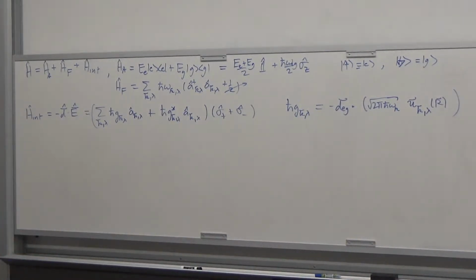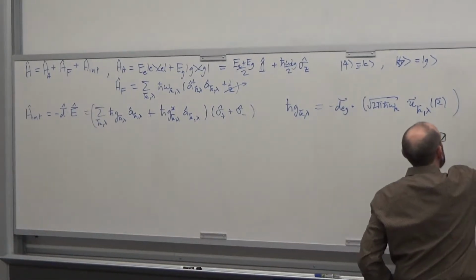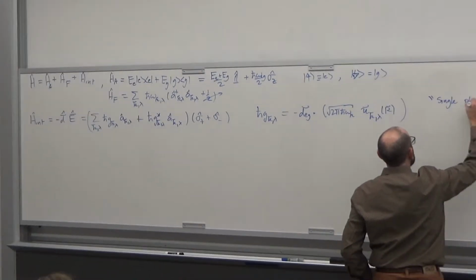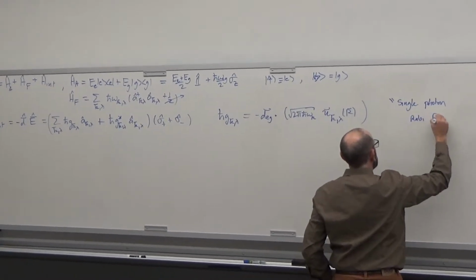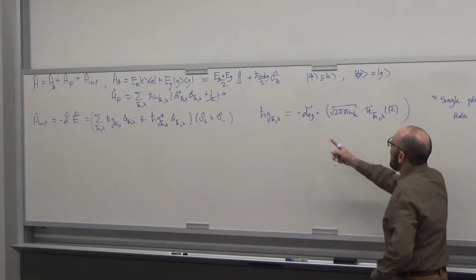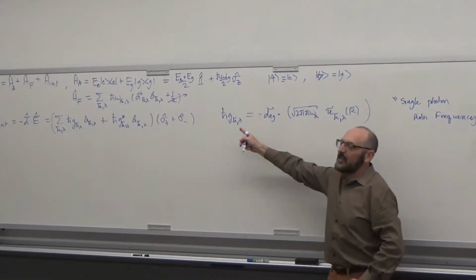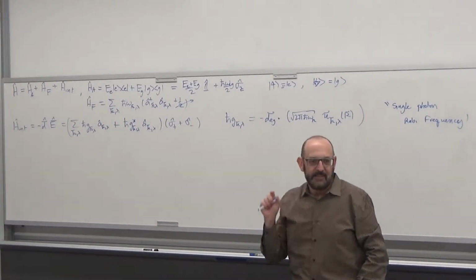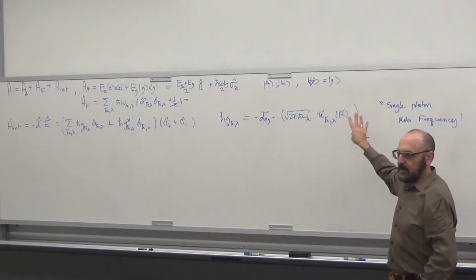okay. So what is this? Well, this is like the single photon Rabi frequency. Right? d dot E, if this were the electric field, we would say this is the Rabi frequency, right? h bar capital Omega is the dipole matrix element times the electric field strength, right?